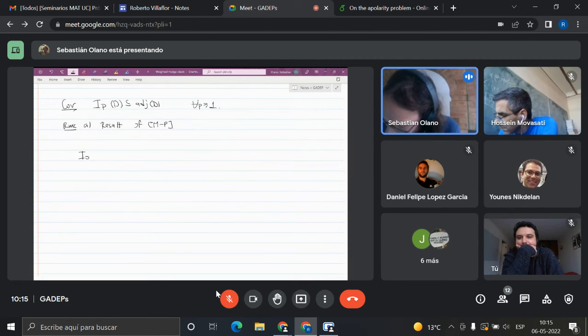Remember we have the picture of I0 weight 1 D contained in I0 weight 2, up until I0.